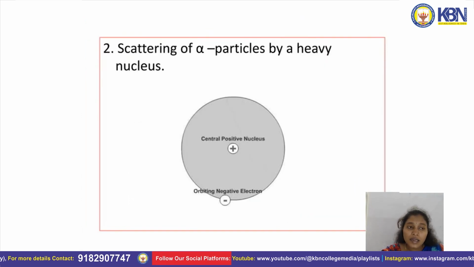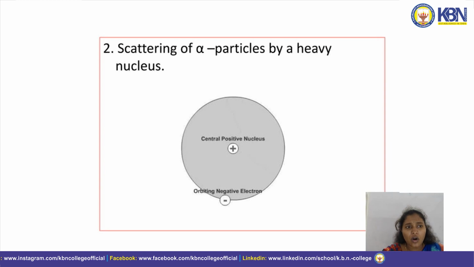Coming to the second example of conservation of angular momentum, it is the scattering of alpha particles by a heavy nucleus. We already know the central part of an atom is nothing but a nucleus, and the charge of a nucleus is positive. So the scattering of alpha particles by a heavy nucleus is one example of conservation of angular momentum.